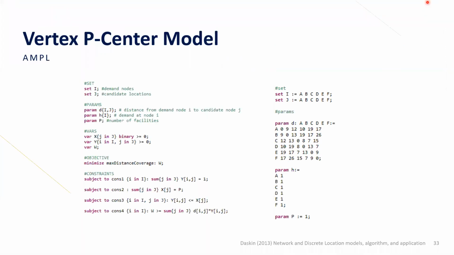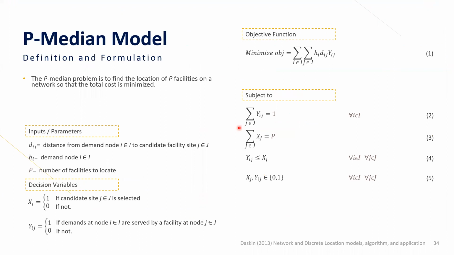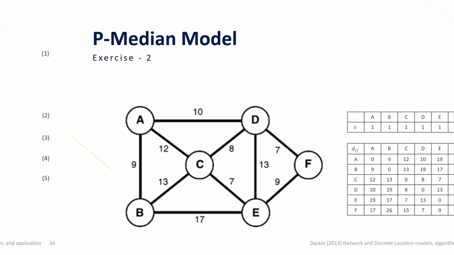You can go back again to see the explanation of the models. And again, for p-medians, I think I will leave this one as a practice for you, as an assignment. Please try to solve this one.